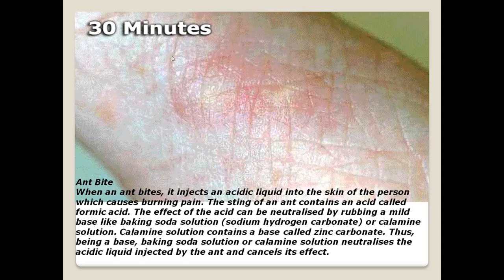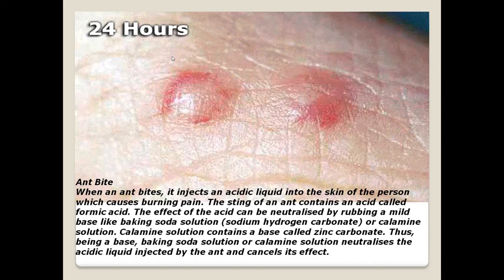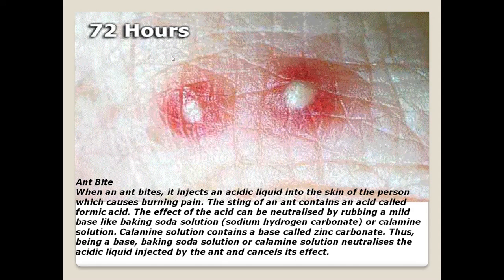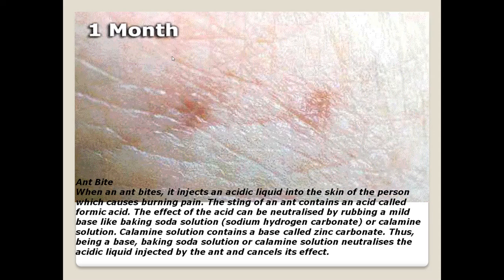Thus, being a base, baking soda solution or calamine solution neutralizes the acidic liquid injected by the ant and cancels its effect. So overall, the effect of the formic acid injected by the ant can be nullified by using basic solutions.